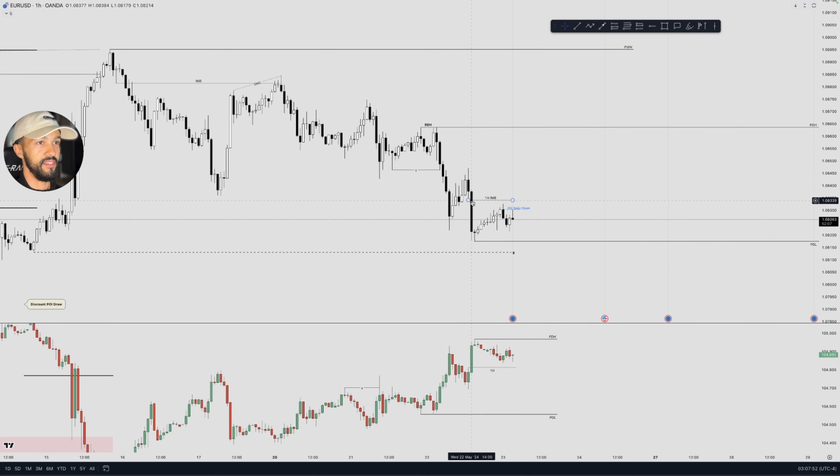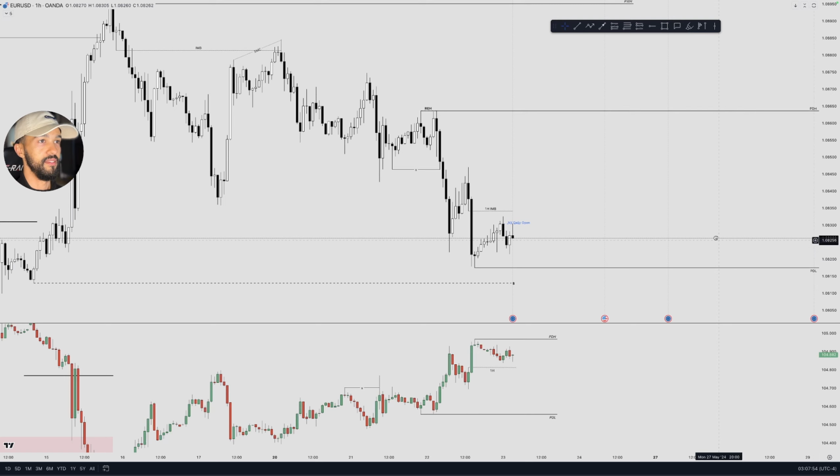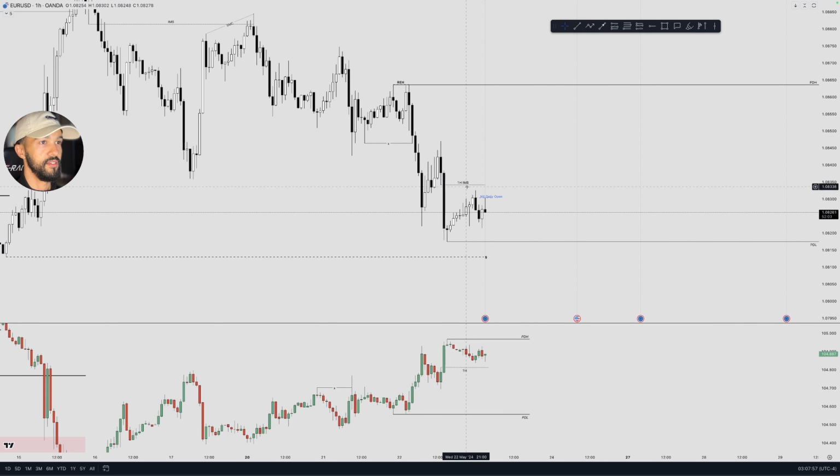You can see we have this immediate imbalance above price with an order block behind it. You can see where this last black candle here has swept liquidity to the left and then broken down, right? Creating a new lower low below here.